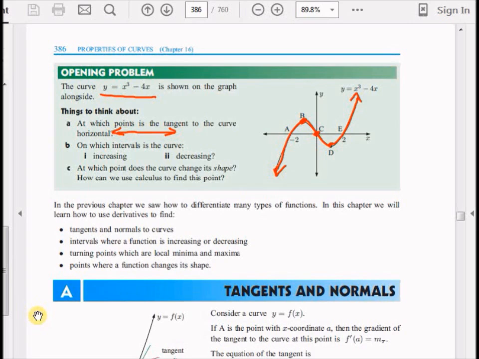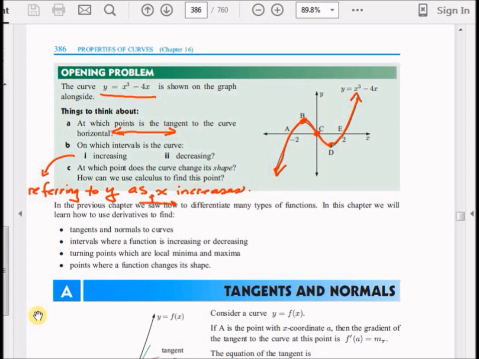On which intervals is the curve increasing? Okay, when we're talking about increasing, we are referring to y as x increases. Basically, as we're looking at the graph going in this direction, what is happening?